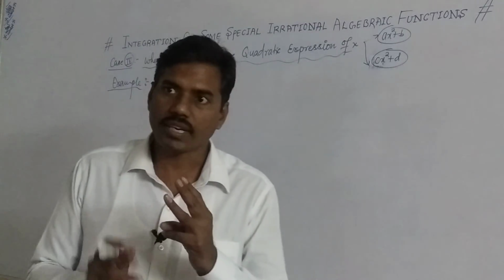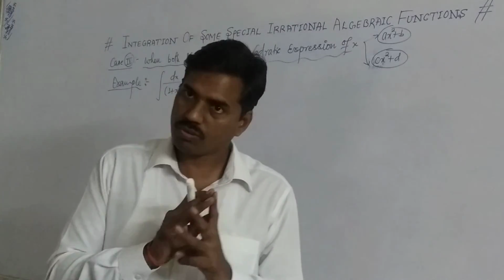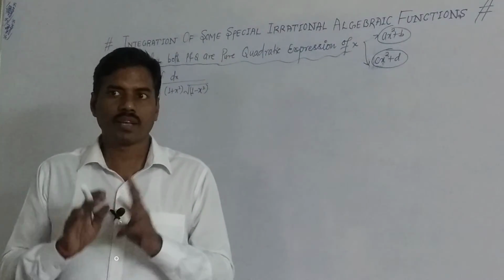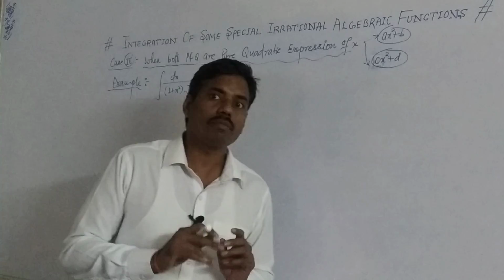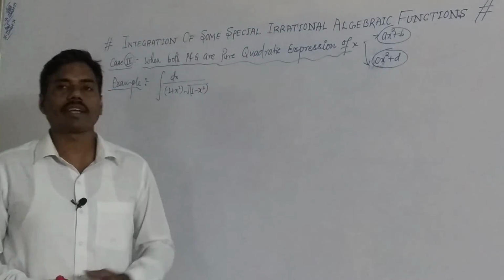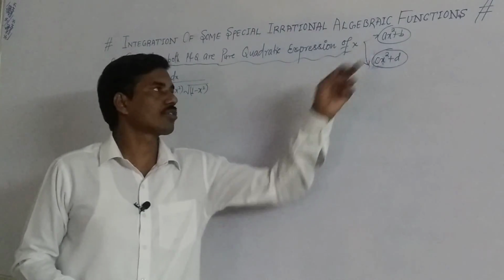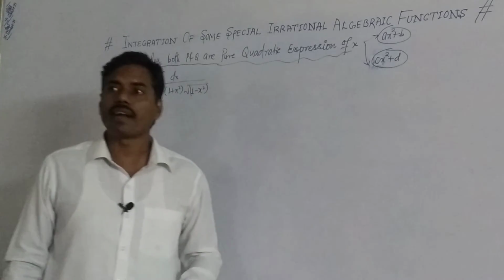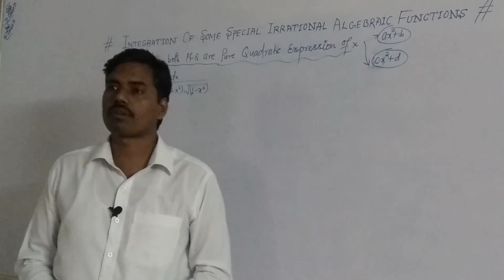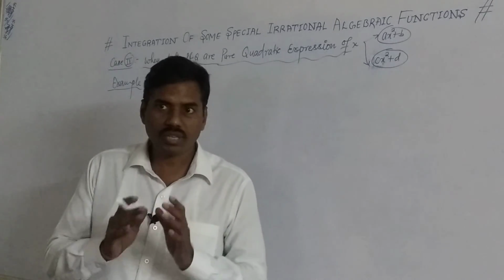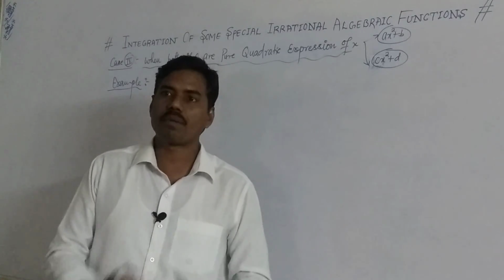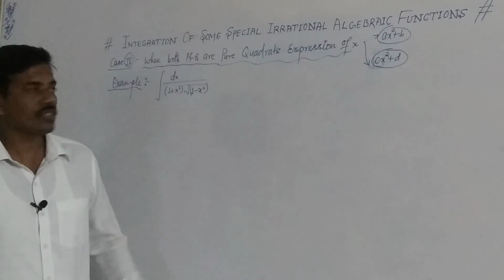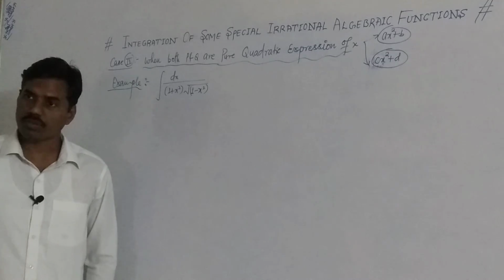There are three terms in a quadratic expression: x square term, x term, constant term. Here we have pure quadratic expressions, that is ax square plus b, and cx square plus d. The middle term, that is the x term, is absent here, known as pure quadratic expression.